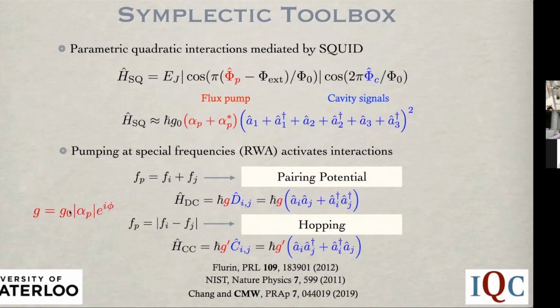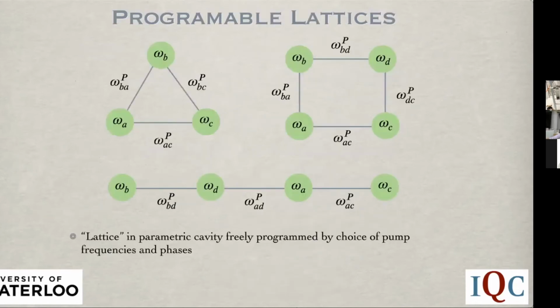And importantly, I can control the amplitude and phase of these terms by controlling the amplitude and phase of my pump. And so this allows us to make programmable lattices in the system. The idea being, I can make a photonic lattice in this device, but each of the nodes of my lattice are now actually frequency modes of my cavity.